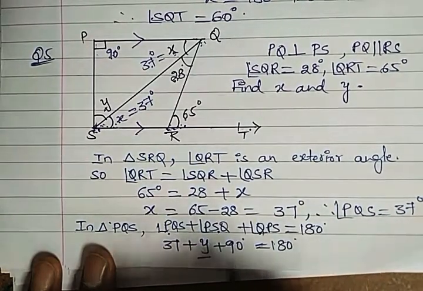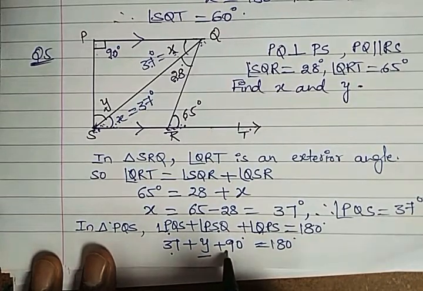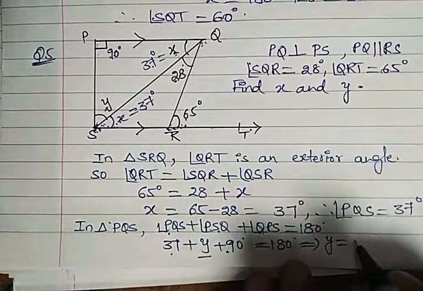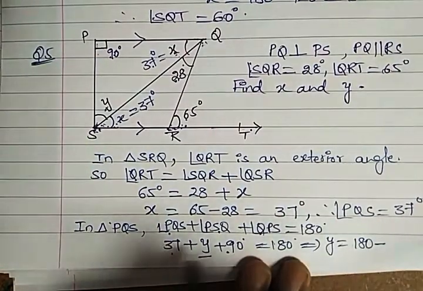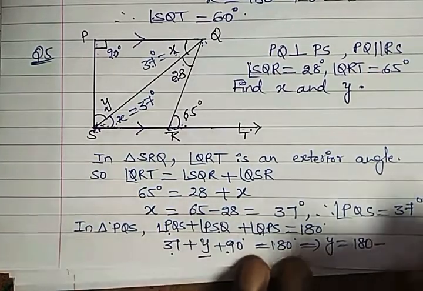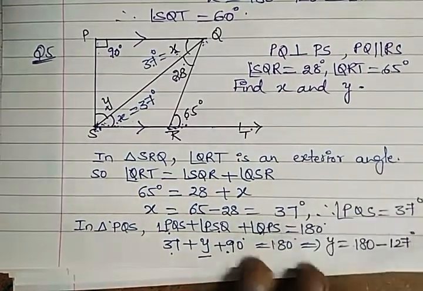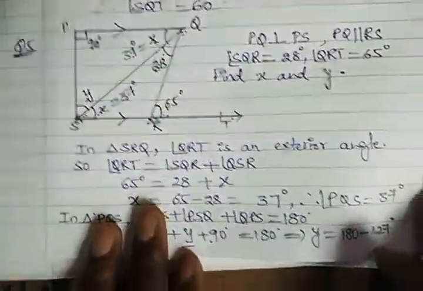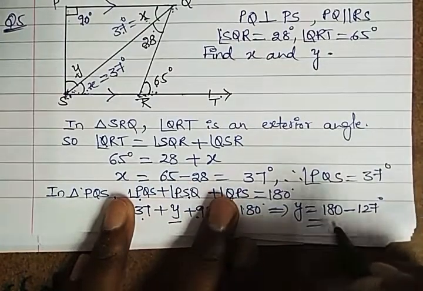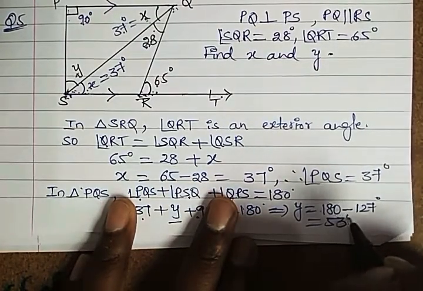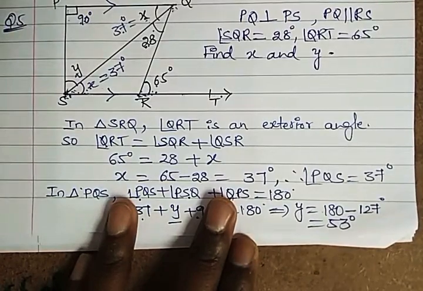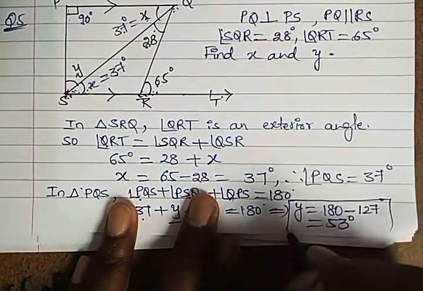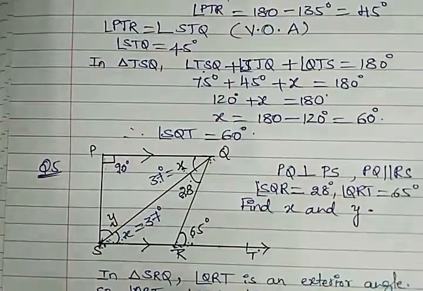We need only y from this. 37 plus 90 is equal to 127. So y is equal to 180 minus 127, the sum of 37 and 90. We will get the answer as 53 degrees. So that's it. We have got the y value here and the x value here, 37.